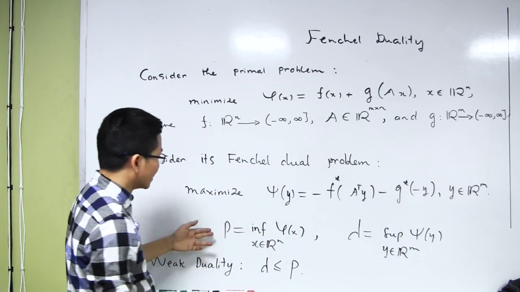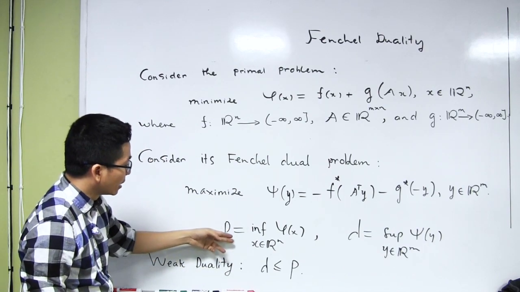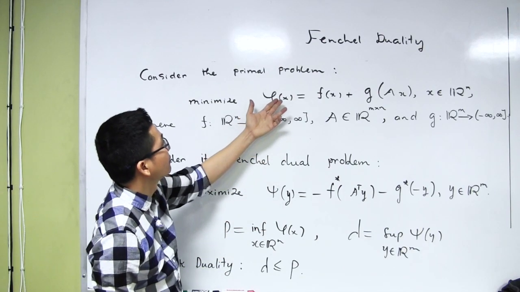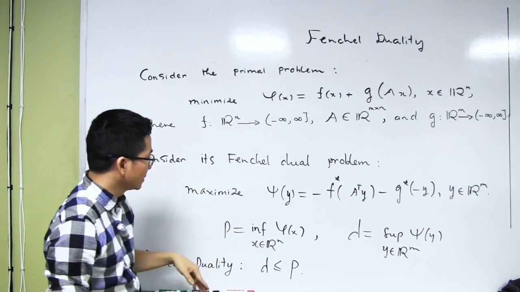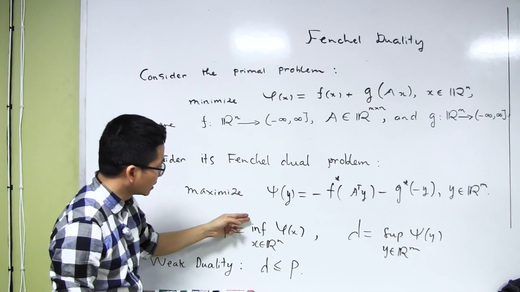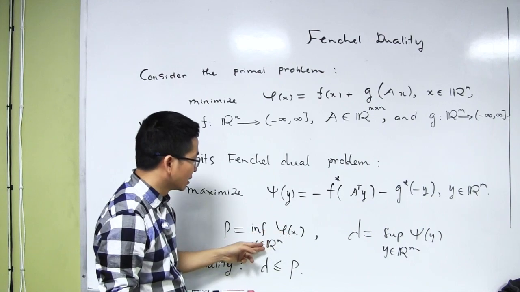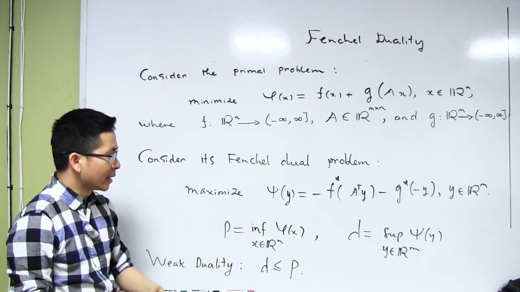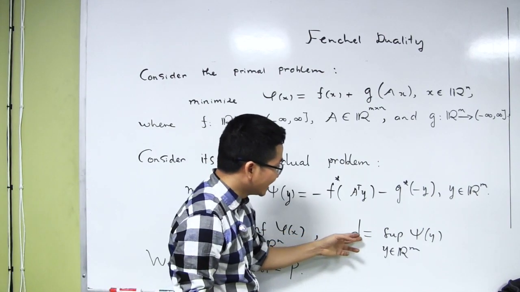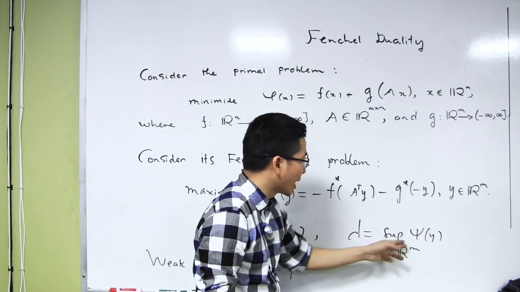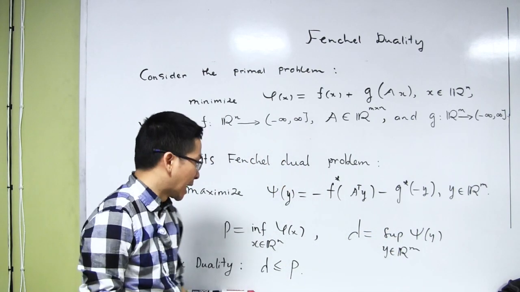We also define P by the optimal value of the primal problem. So P is the infimum of phi of x, where x runs in Rn. And we also let D be the supremum of psi of y, where y runs in Rm.